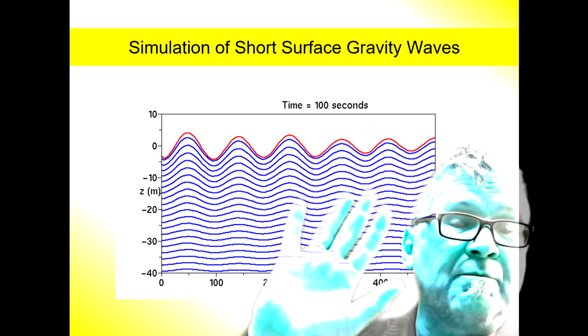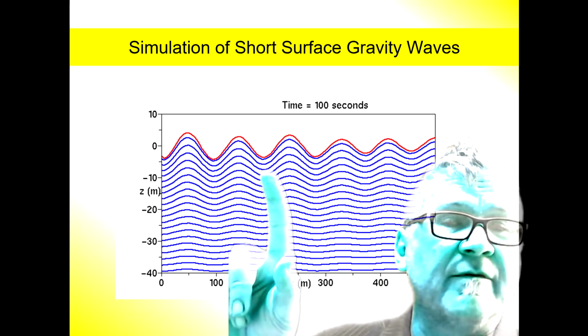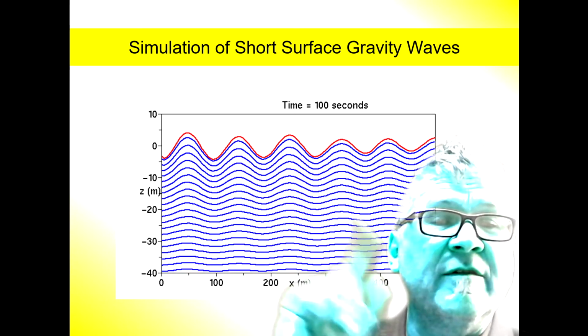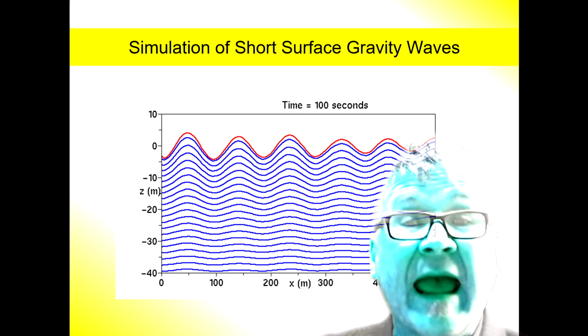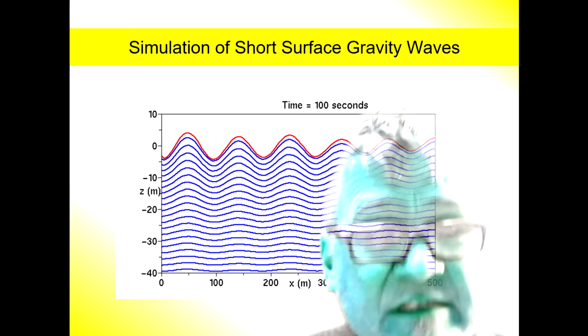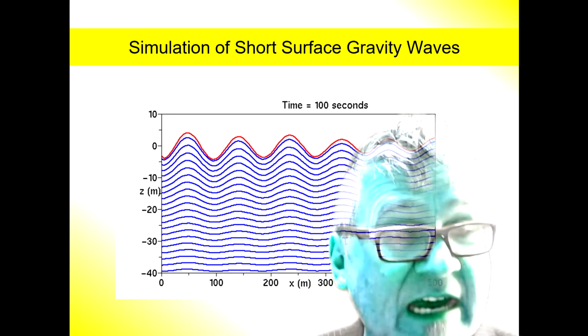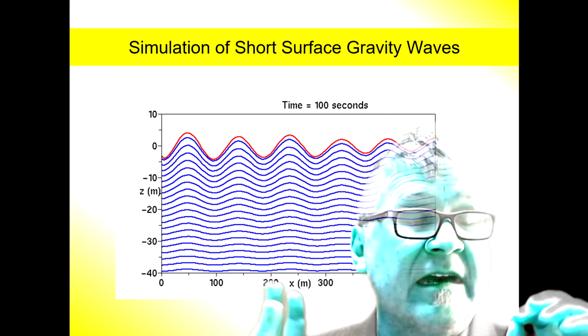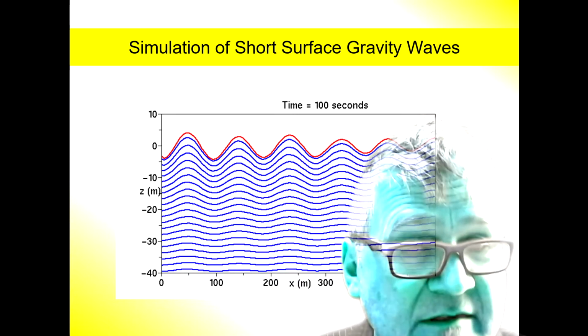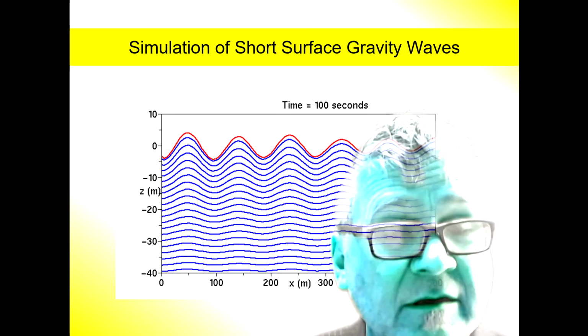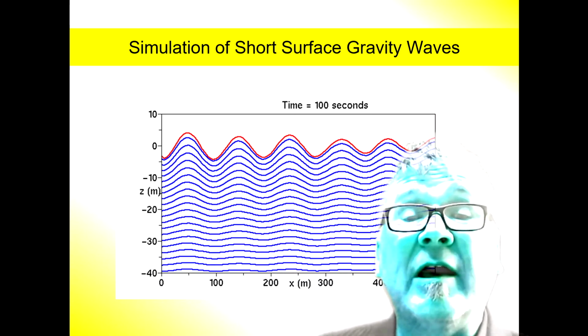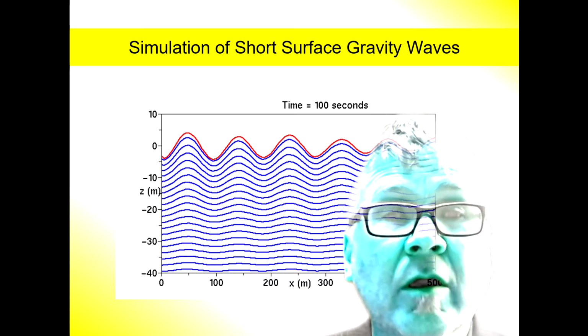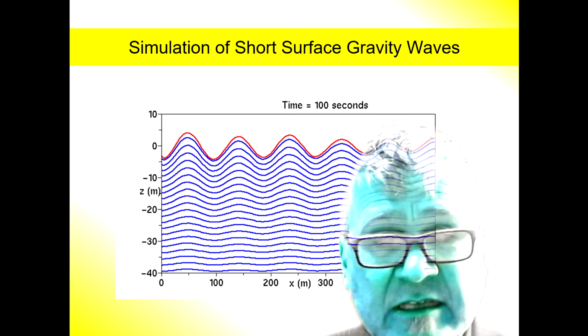You actually get pretty cool results of short surface gravity waves. And I'll highlight again, you can use the same model by just changing the period of the waves. This is your wave paddle. We also get the other waves, which are the long surface gravity waves.